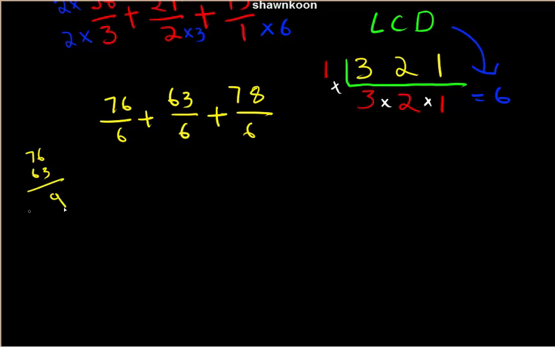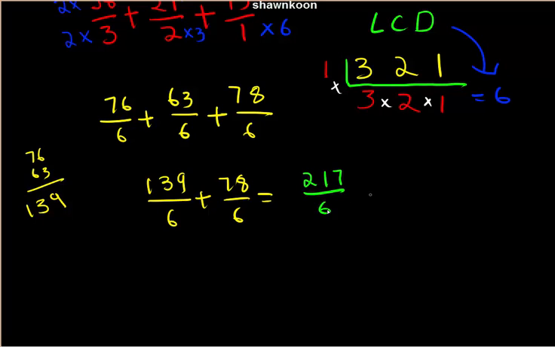Just 9 and 13, right? So 139 over 6 plus 78 over 6, and if we do that, we get 217 over 6.